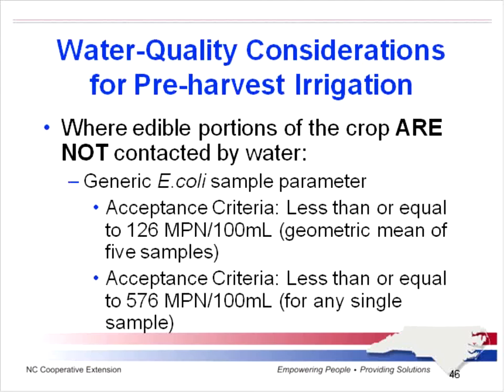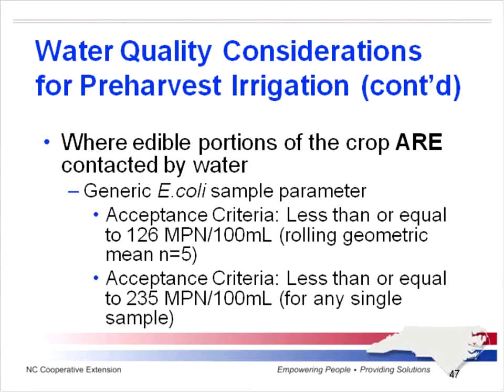And then any single sample needs to be less than 576 MPN. So the mean is 126, but there is some acceptance if you have a single event that pushes your sample up higher. There's a way to accept those single events that give you a high water sample.